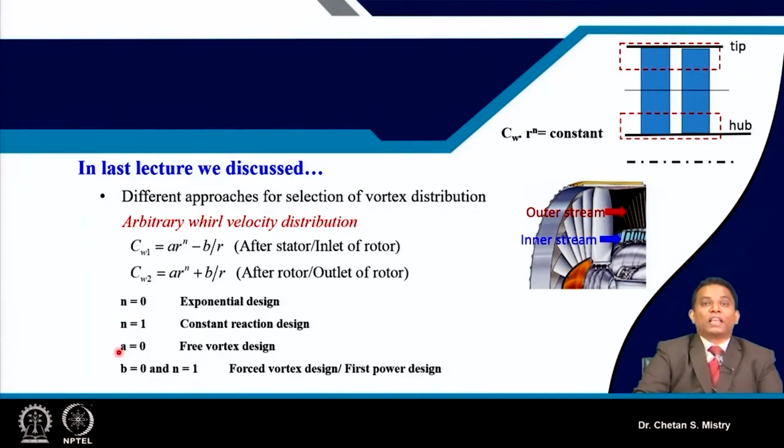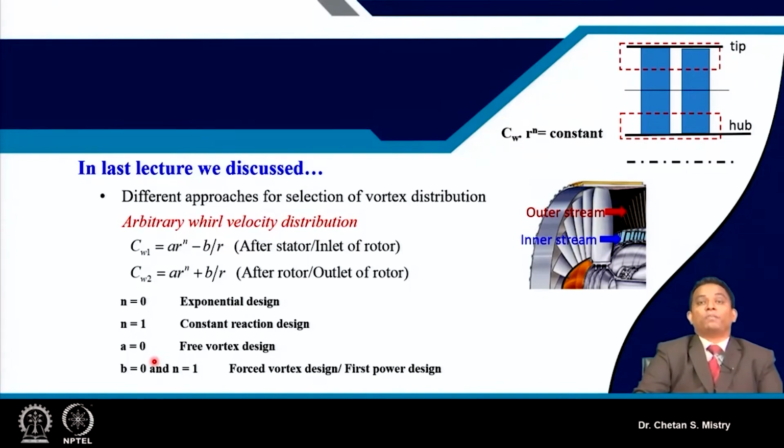When the constant A equal to 0, we define it as a free vortex design. And if we consider B equal to 0 and n equal to 1, that is defined as a forced vortex design, which some people consider a first power design.